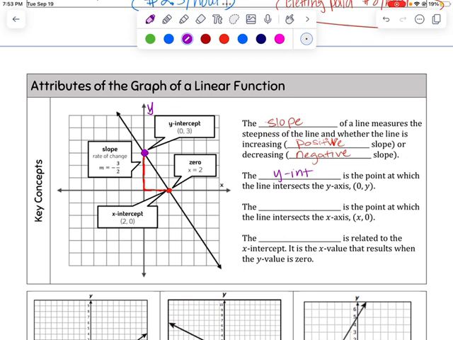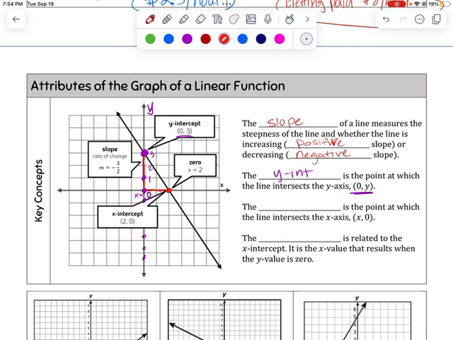And anytime I'm on my y-intercept, so all these purple dots that I'm making right here, the x is at 0. So when I'm writing down my y-intercept, I better have 0, comma, something. Here it's 0, comma 3 because I'm at 0 for x, and then 1, 2, 3 for y. Okay, so that's called my y-intercept.